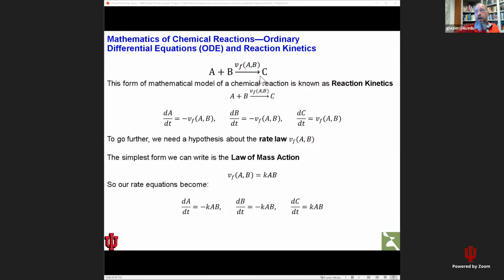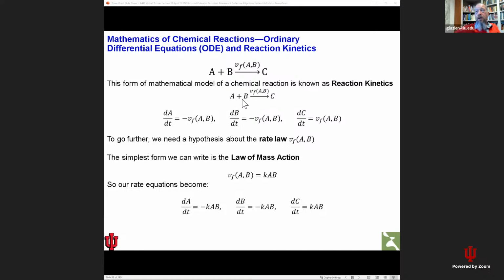If A and B combine to make C, then clearly the rate at which I produce C has to depend on the concentrations of A and B. And that rate law, V_F of A comma B, means that this kind of mathematics is known as reaction kinetics: the kinetics, or rates, of chemical reaction.